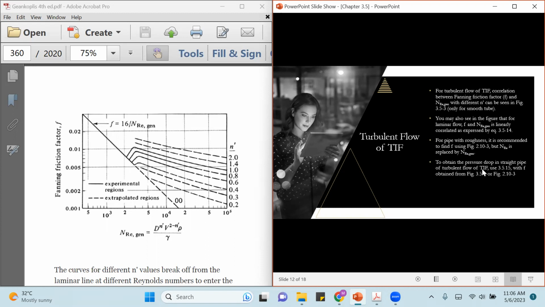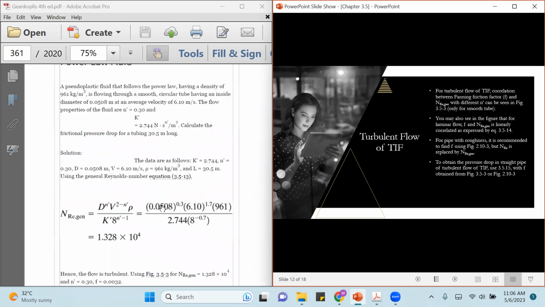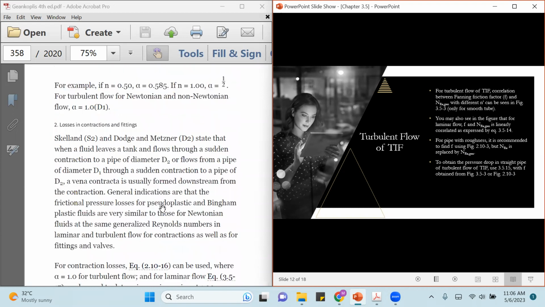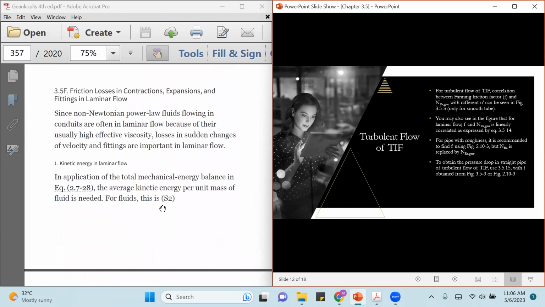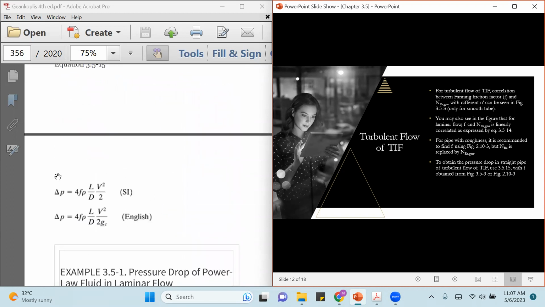Now, to obtain the pressure drop in a straight pipe of turbulent flow of TIFF, you can use equation 15, friends. Wait a minute, where is 15? Here.